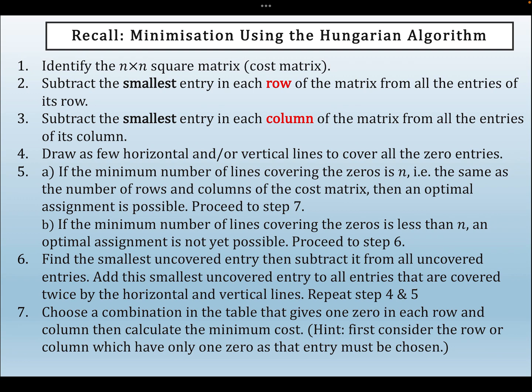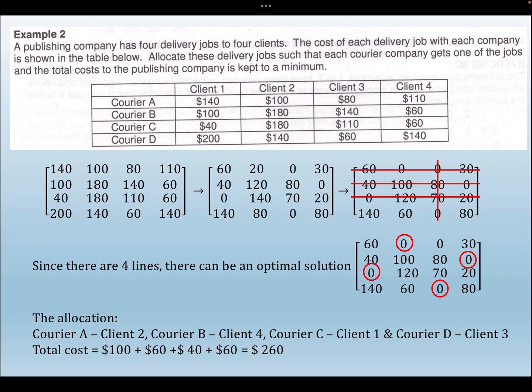Once you have done that, if the lines equal n, you have got an optimal solution. And I've shown you examples of this where you can find the optimal solution by crossing out the zeros.